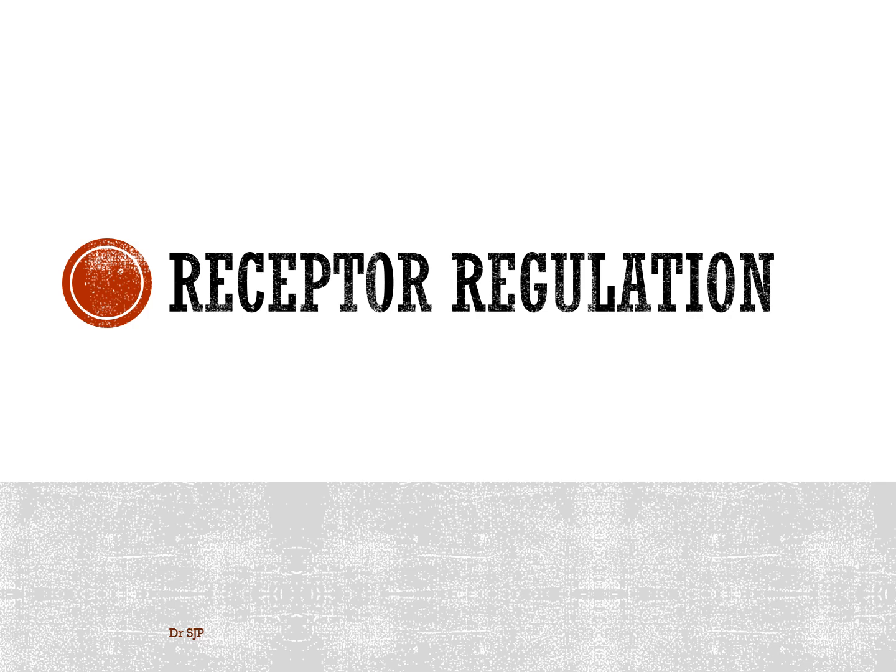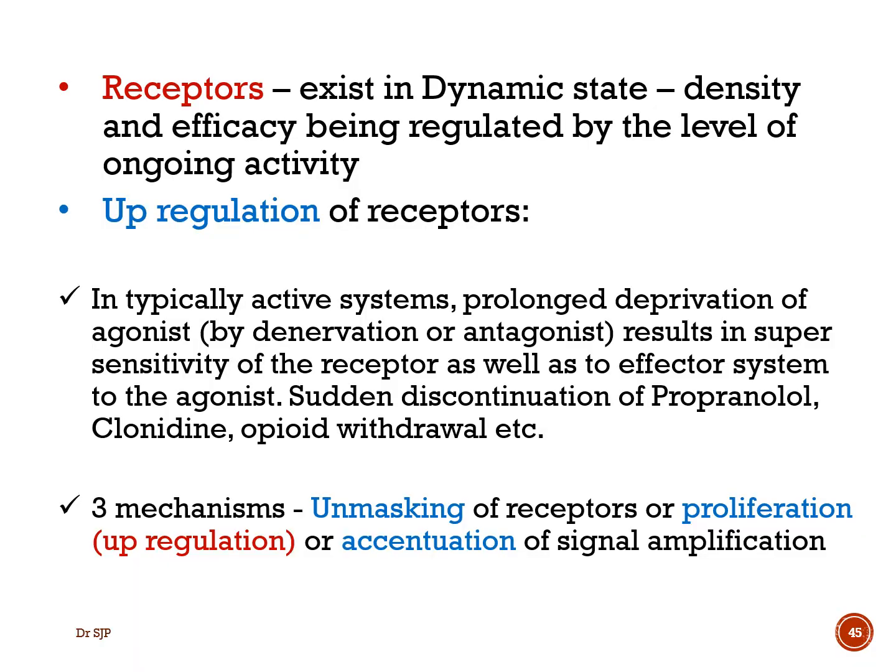Then let's talk about receptor regulation. Let's look into the up and down regulation of the receptors. When we talk about regulation of receptors, any prolonged exposure to a high concentration of agonist, whether it is administered as a drug externally or overproduced as a neurotransmitter endogenously, causes a reduction in the number of receptors.